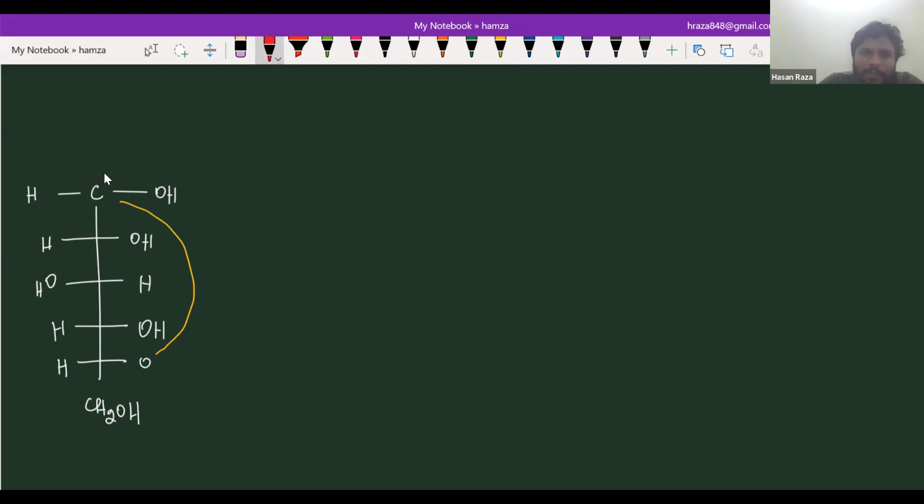See, first of all, this is chiral, this is also chiral, this is also chiral, this is also chiral, this is also chiral. When we write the cyclic structure of glucose, it will have 5 chiral carbons. But when we write the normal glucose like the Fischer projection, that is basically the Haworth projection. Okay.